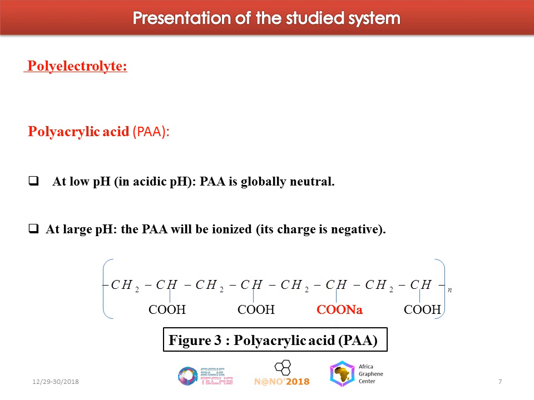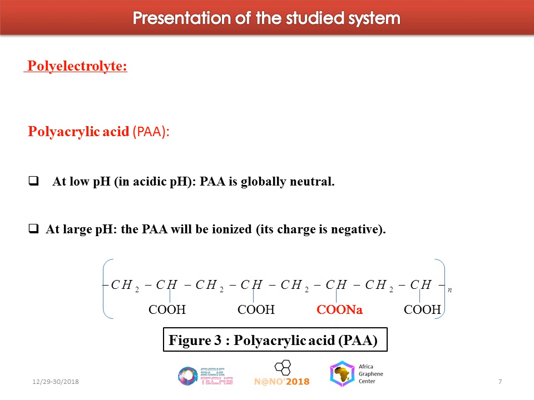The weak acid character implies that its charge density is controlled by the pH. At low pH, the polyelectrolyte is weakly charged, whereas at high pH, a larger fraction of monomers are dissociated and the polymer charge saturates to its maximal value.